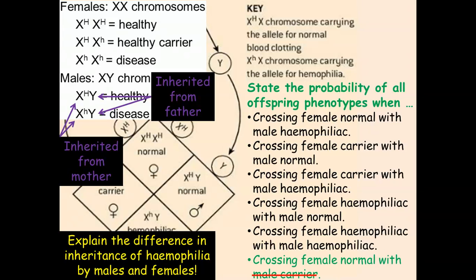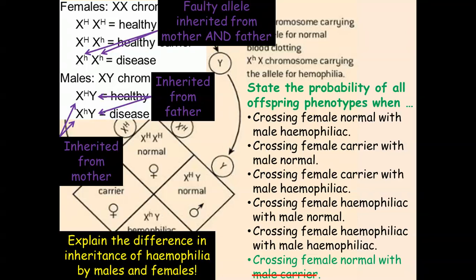And they only need one copy of the sex-linked genetic disorder allele to express it, because there is no second allele in the Y chromosome. For females to express these sex-linked genetic disorders, they need two copies. So that means they would have to inherit those two alleles from both their parents.